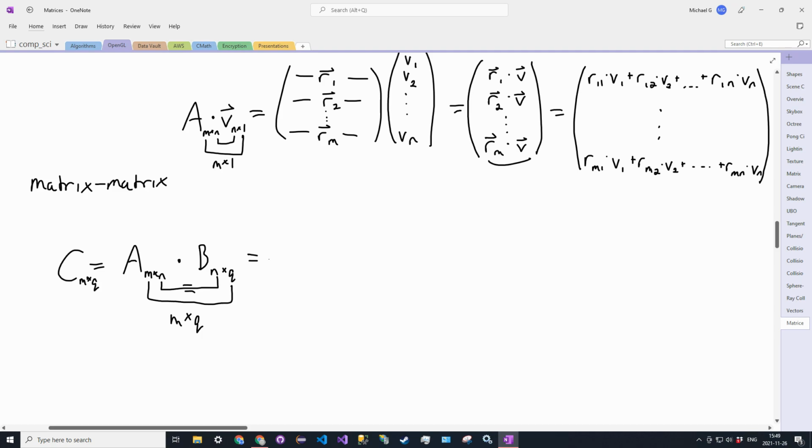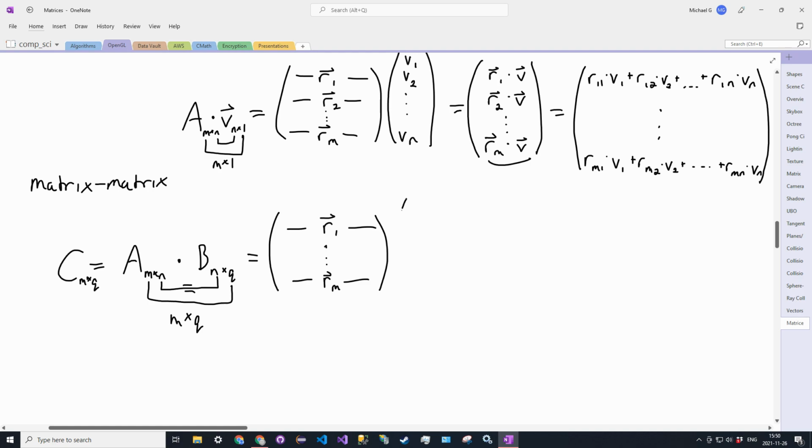So as with the matrix vector multiplication, we are going to consider A as a stack of rows. So we'll have R1 as its own row all the way down to Rm. Now for B, well, if we know how to do matrix vector multiplication, where we considered a vector as a column matrix, why can't we just generalize that by putting a bunch of column vectors next to each other?